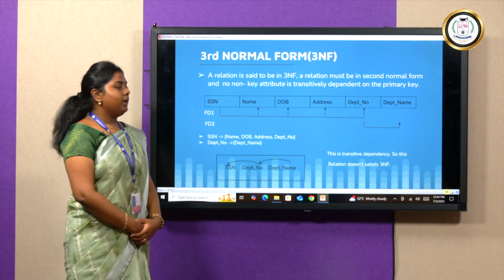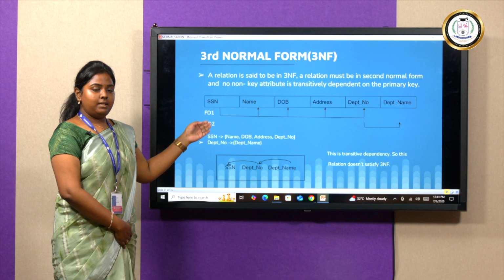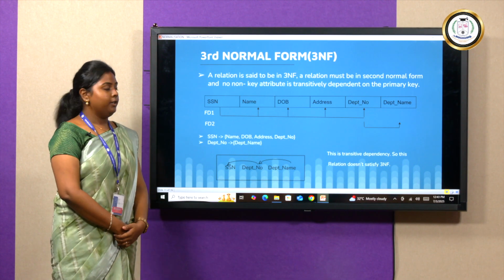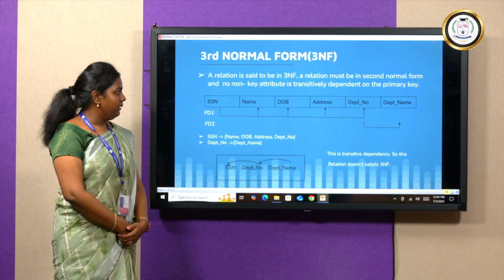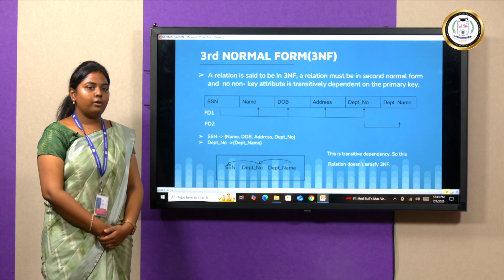So how will we overcome this? Again we have a table with SSN, name, DOB, address, department number, and department name. Here the primary key is SSN. Again we have two types of functional dependencies. The first is that the non-key attributes name, DOB, address, and department number are automatically dependent on SSN.